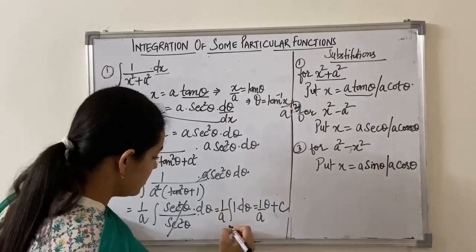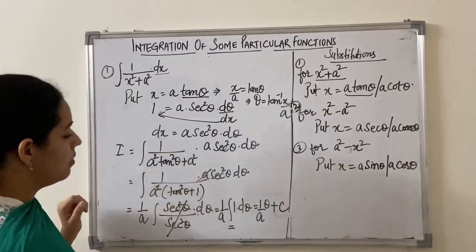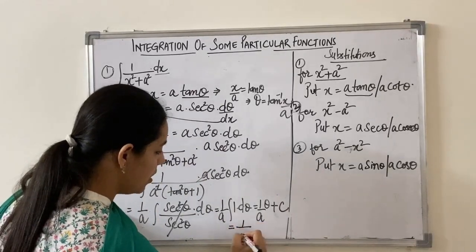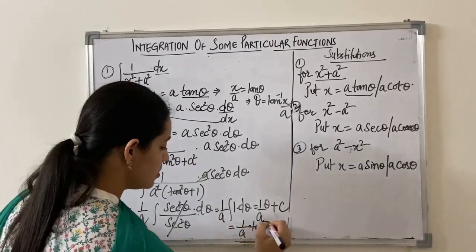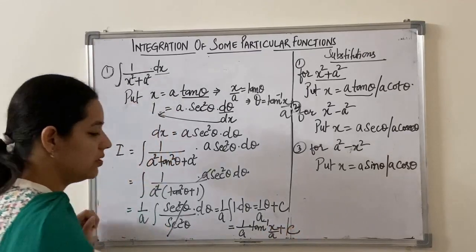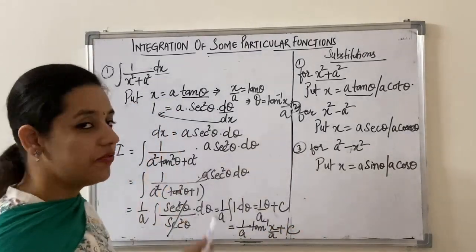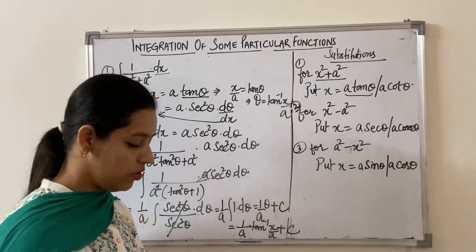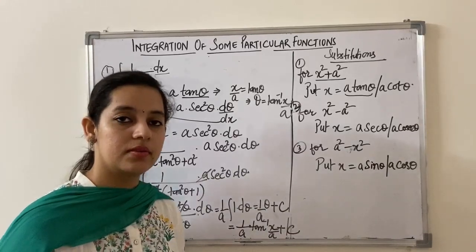So our final answer for this integrand will be 1 upon a tan inverse of x upon a plus the constant of integration c. So this is the very first formula that we have for some particular functions.